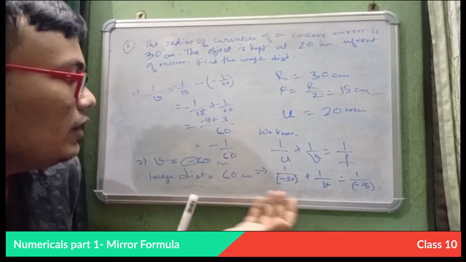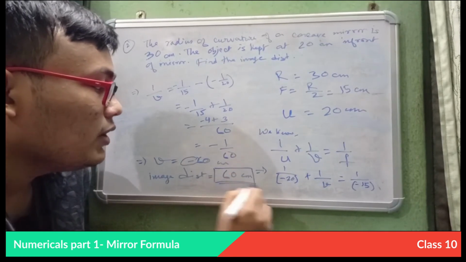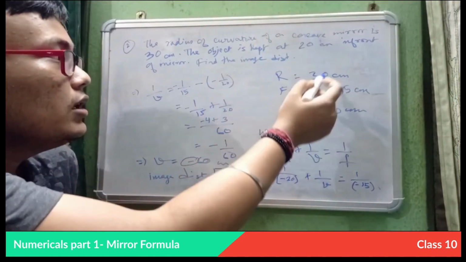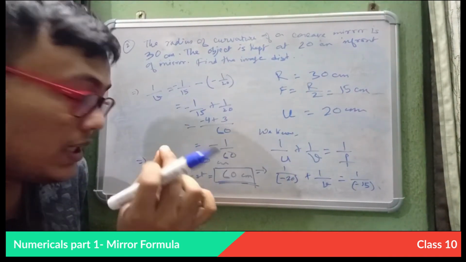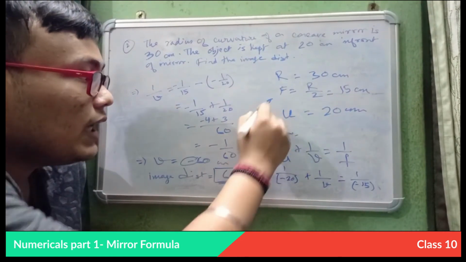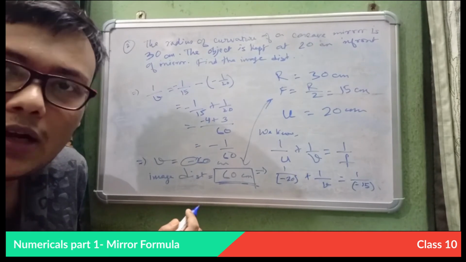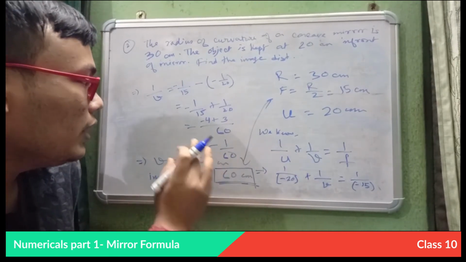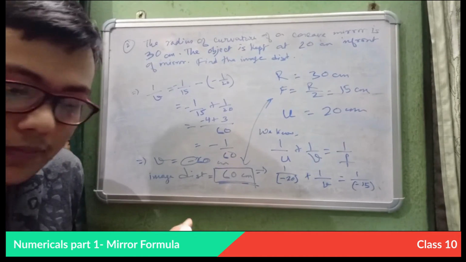And the radius of curvature, the distance between the center of curvature and the pole, is 30. So we can easily find out from this calculation that the image is formed beyond the center of curvature, right? So this proves our theory as well. We solved the numerical.